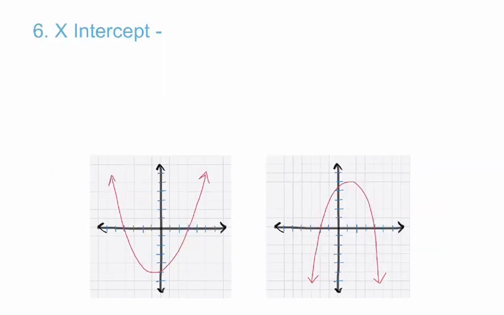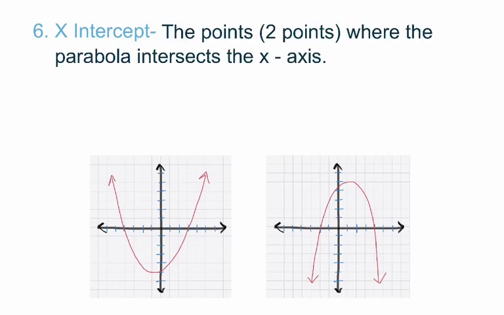So if that's the y-intercept, you could probably guess where the x-intercept is going. That is the point where the parabola intersects the x-axis. Here's what's different: there are going to be 2 points on the x-axis. If you've paid attention to your parabola, as it goes through this U-shape, it crosses the x-axis. This is your x-axis right here, your horizontal axis.